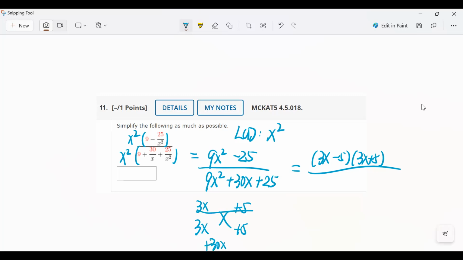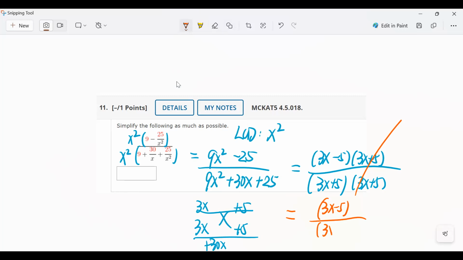So that means it's a perfect square, (3x plus 5)(3x plus 5). Then we cancel the common factor here. So we end up with 3x minus 5 over 3x plus 5. Okay, and that's the answer. Any question?